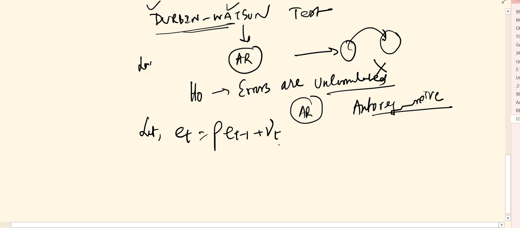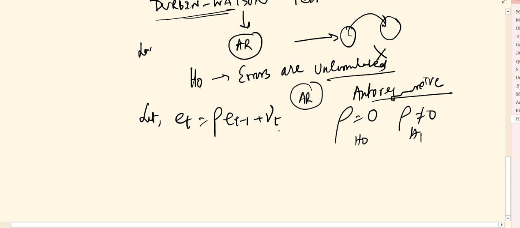Durbin Watson states that the null hypothesis is rho equal to 0, so ET equal to VT directly. Clear? The alternative hypothesis is rho not equal to 0; that is H0, and this is H1. Now let's talk about the test statistic.